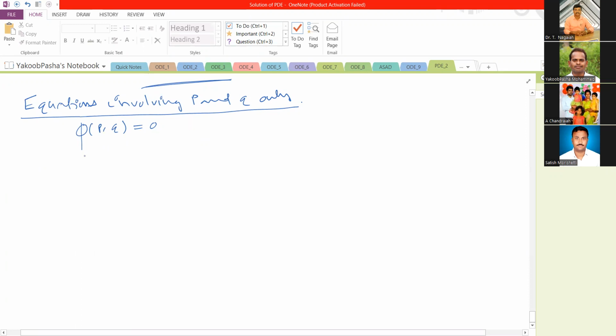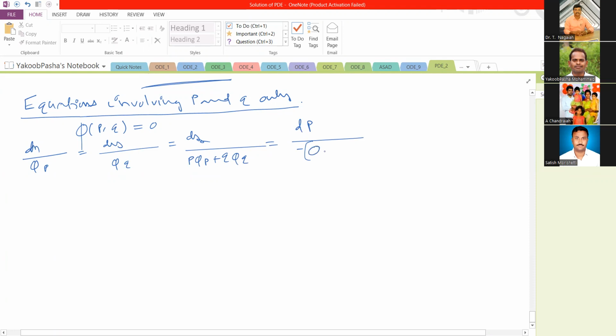So the corresponding Charpit's auxiliary equations: dx by fp. Since fp is the p term, we can write phi p. dy by fq, that is phi q. dz by p fp plus q fq, that is p phi p plus q phi q. And dp by minus fx.